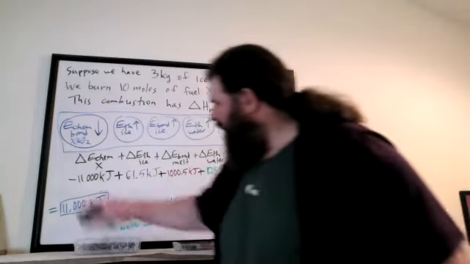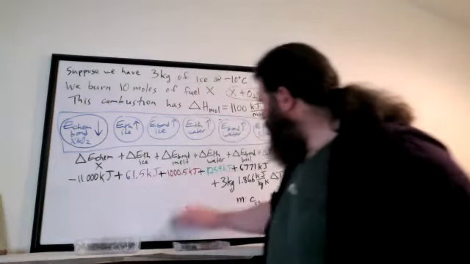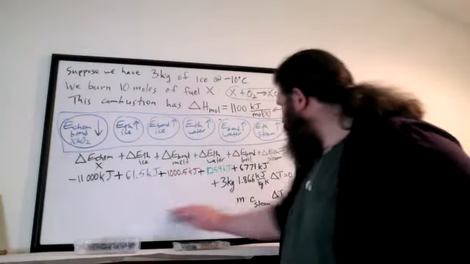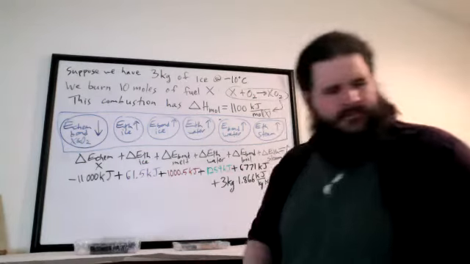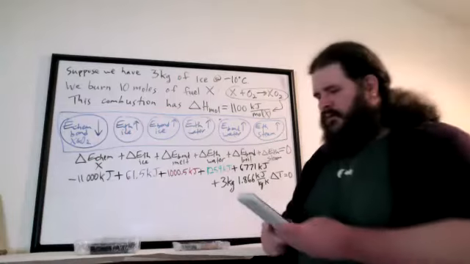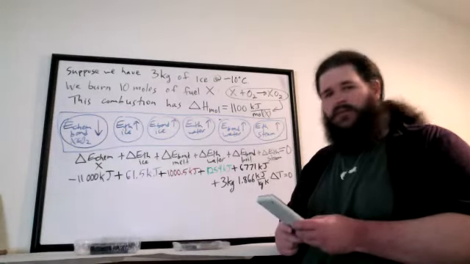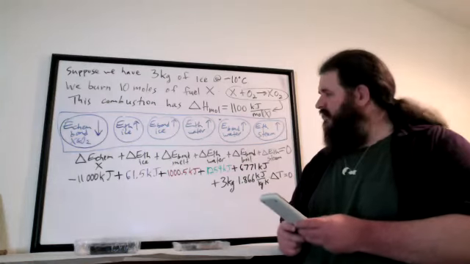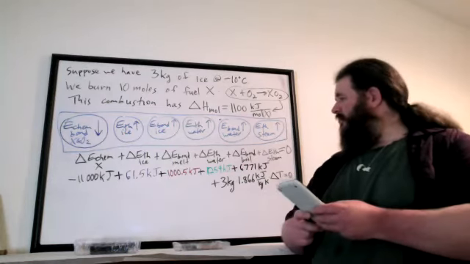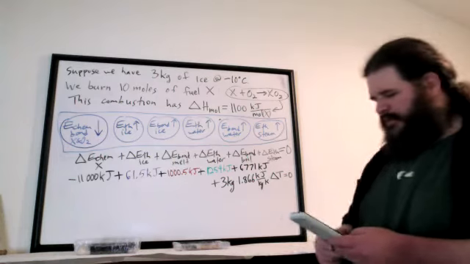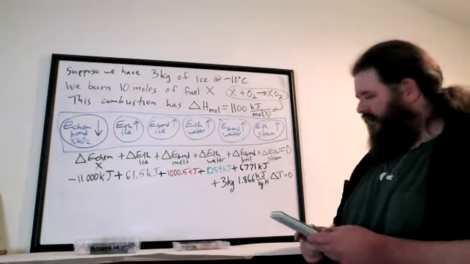So now let's try adding all these together and see what we get, because we can combine like terms here. We've got negative 11,000 plus positive 61.5 plus positive 1,000.5 plus positive 1,254 plus positive 6,771.